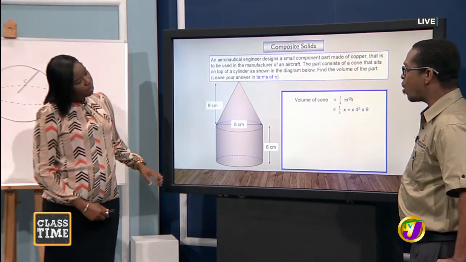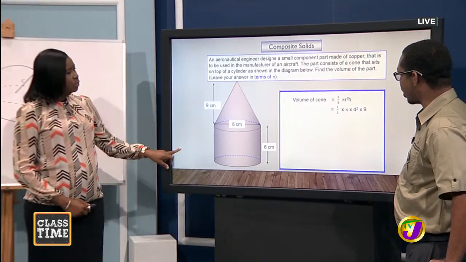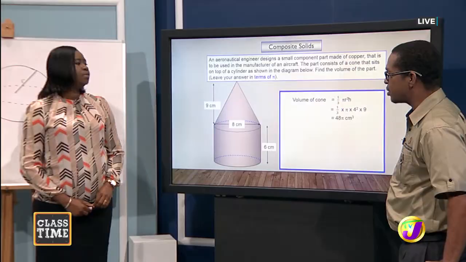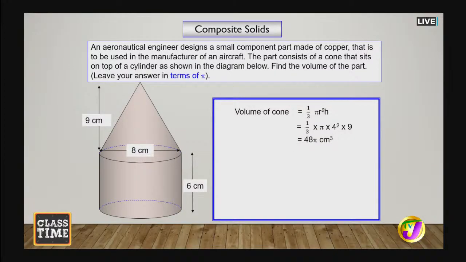Yes. Okay, so once we go ahead and do that calculation, we will get 48 pi cubic centimeters as the volume of the cone. And we're done with the cone. All right, so let's look at the volume of the cylinder. For the volume of the cylinder, I am seeing that same cross-sectional region, that pi r squared, a circular region.